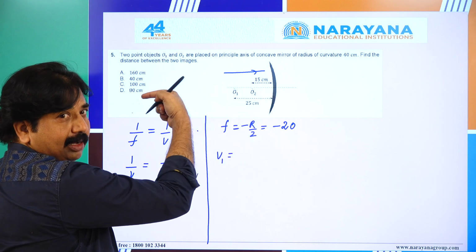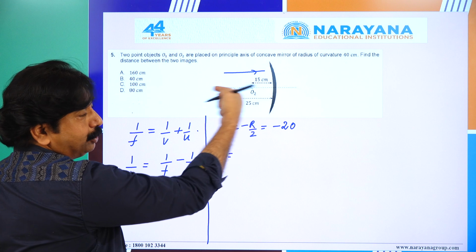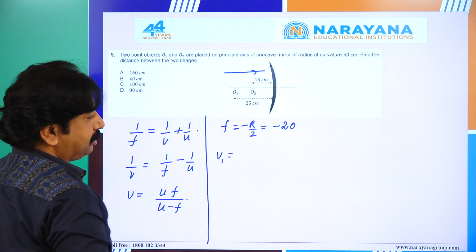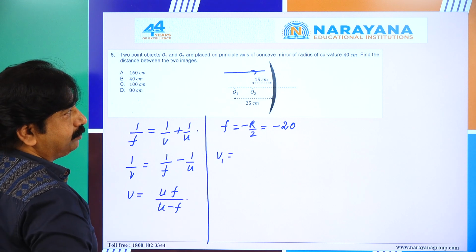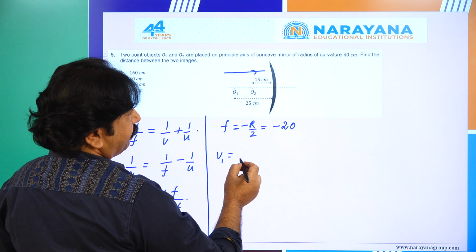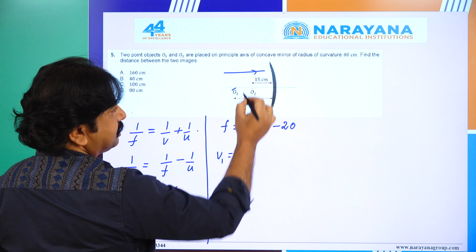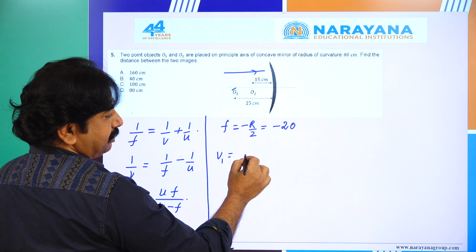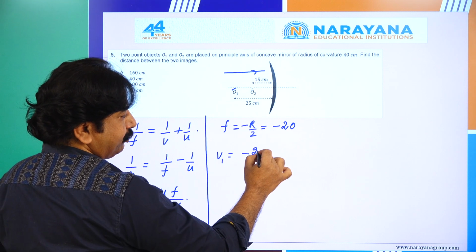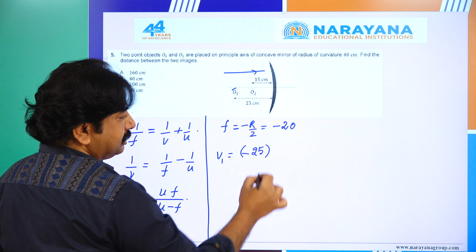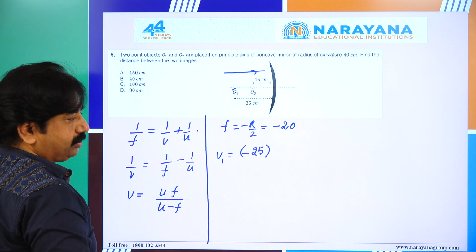The distance of the object is opposite to the incident ray direction. Thus u value also negative. For the first case, if you consider O1, then you have to consider minus 25 centimeters, since it is opposite to the incident ray direction.